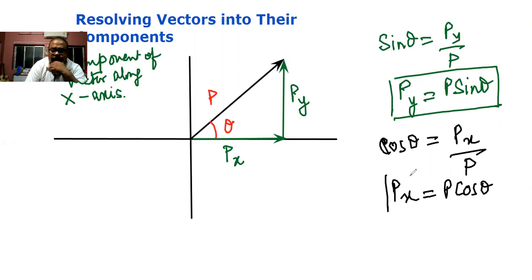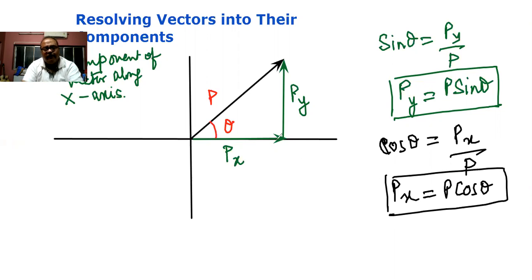So what can I say from here, children? That means if I take p as a vector, the component along x-axis will be p cos theta and the component along y-axis will be p sin theta. When I say the component, it means basically the effect of the vector along x-axis and along y-axis.